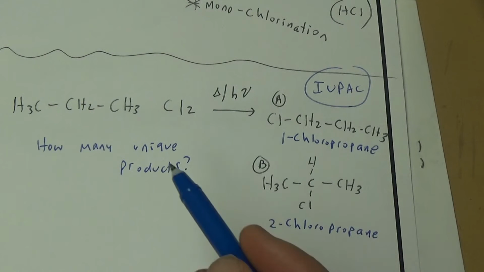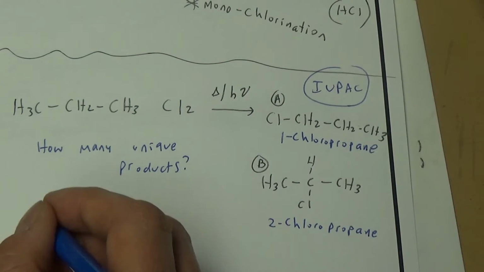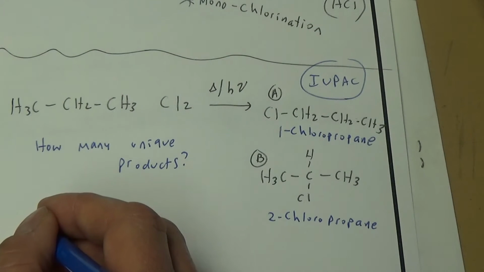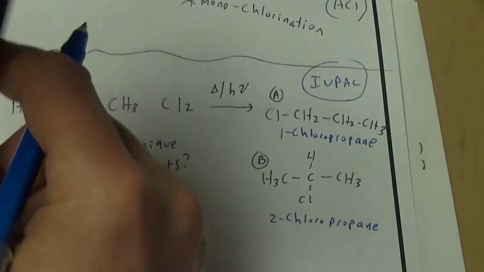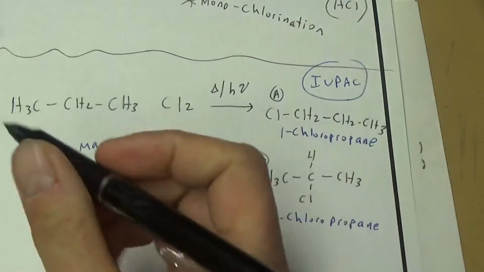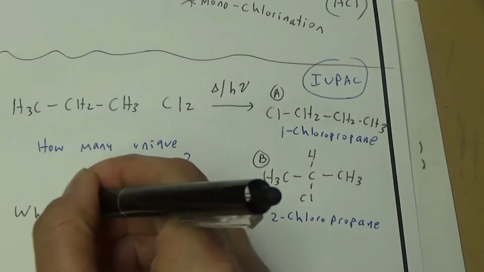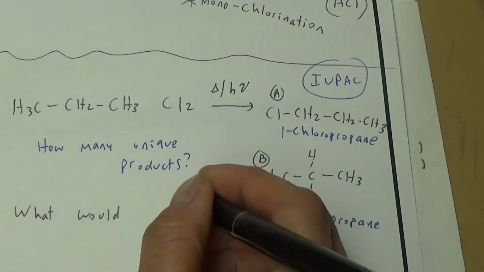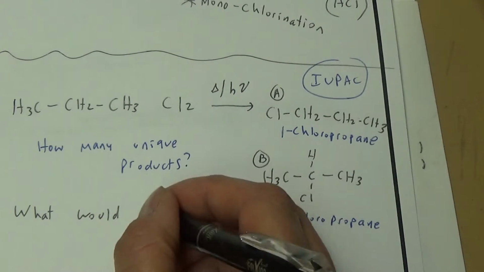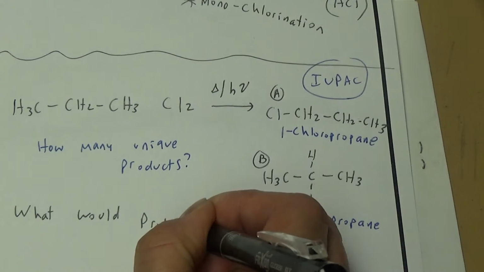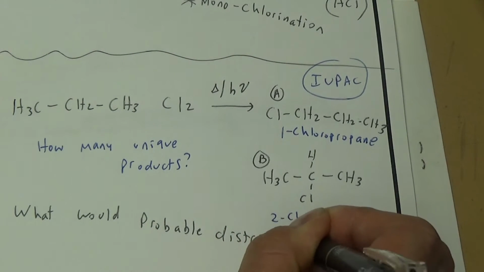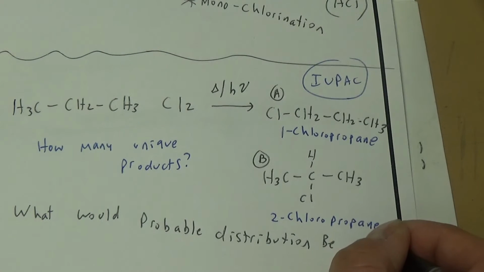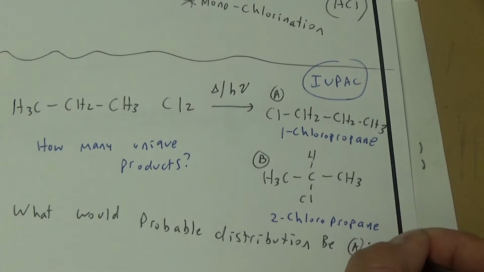Another way to say that is, what would the probable distribution be of A and B, like A to B, right?